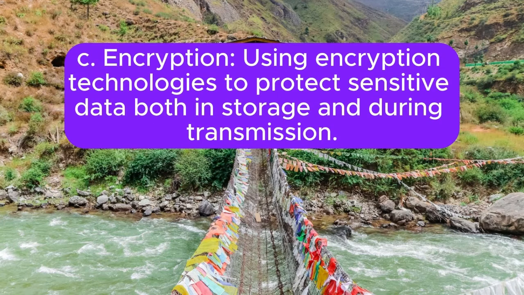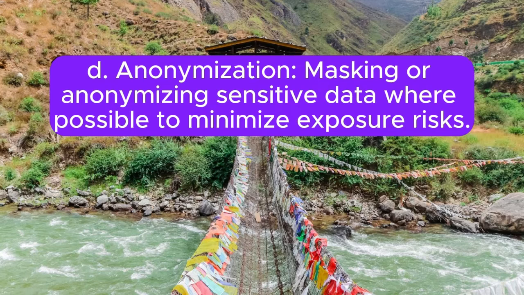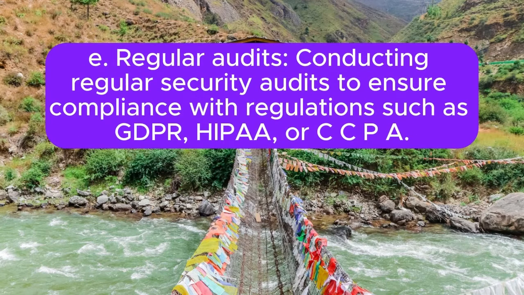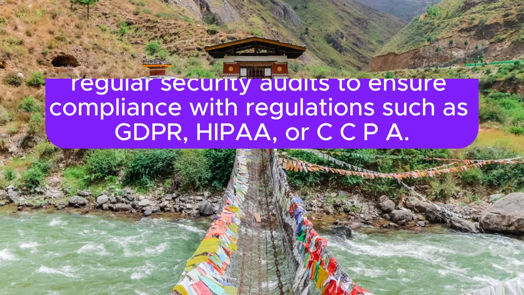C. Encryption: using encryption technologies to protect sensitive data both in storage and during transmission. D. Anonymization: masking or anonymizing sensitive data where possible to minimize exposure risks. E. Regular audits: conducting regular security audits to ensure compliance with regulations such as GDPR, HIPAA, or CCPA.